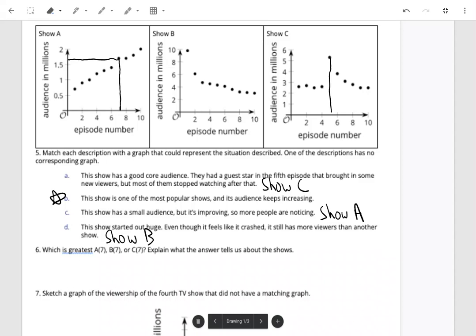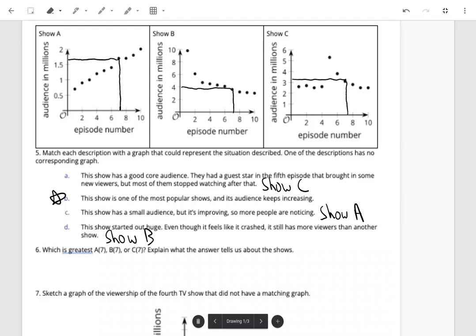If we look at show B, episode 7 is here. That one looks really close to 4 million. So far, B is greater than A. And if we look at show C, episode 7 is here, that one looks like it's just a little bit bigger than 3 million.